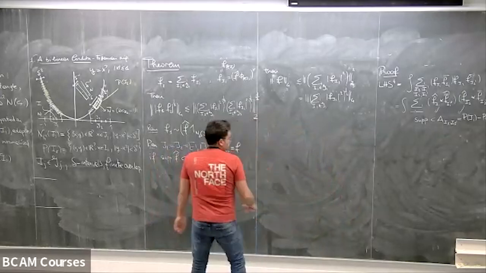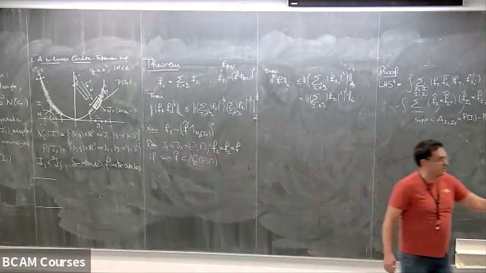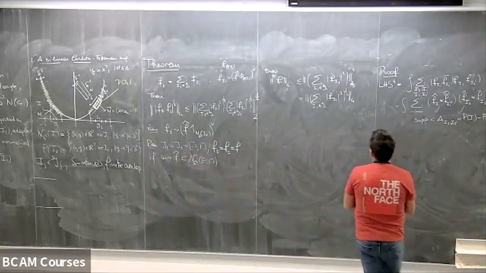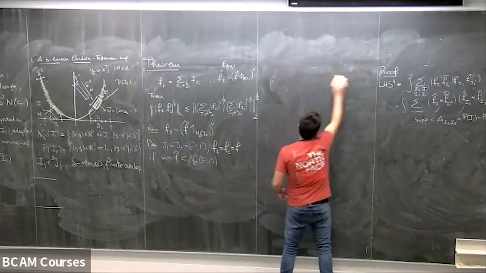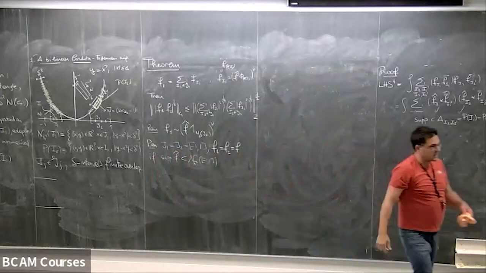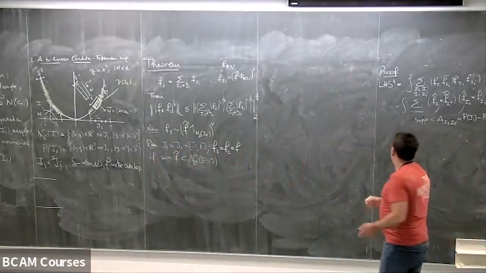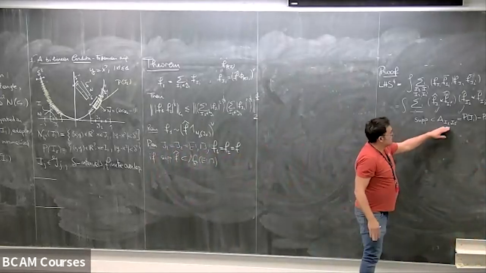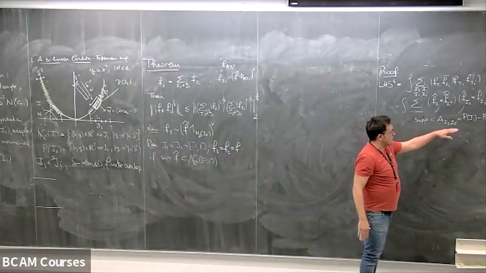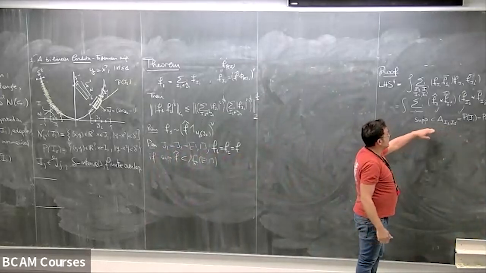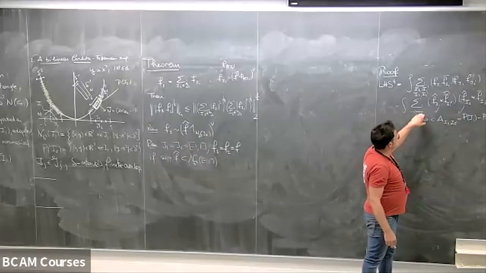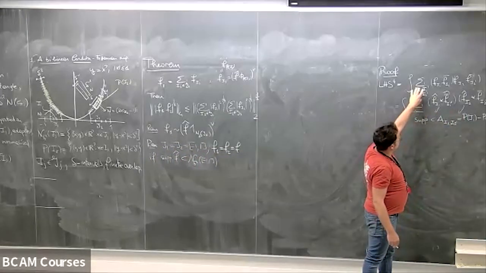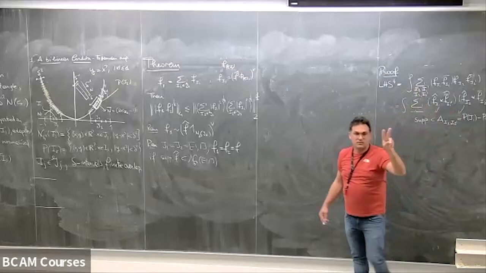Now, the trick is to measure how these supports interact. And for this, I'm going to write and prove a lemma. Somehow, the structure of this difference set is making this fourfold sum collapse to a double sum.